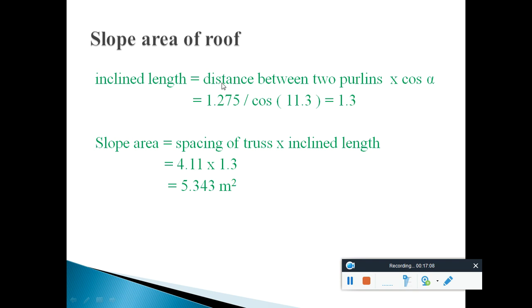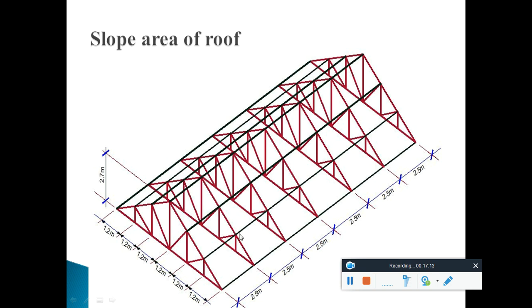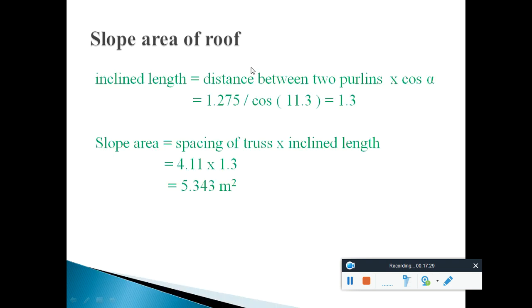Inclined length, how will you calculate? That is the distance between two purlins into cos alpha. These are the purlins, the black lines going backward. So the distance between the purlins, that means this length, into cos alpha, that is the roof angle that we have already calculated, and then you get the inclined length.